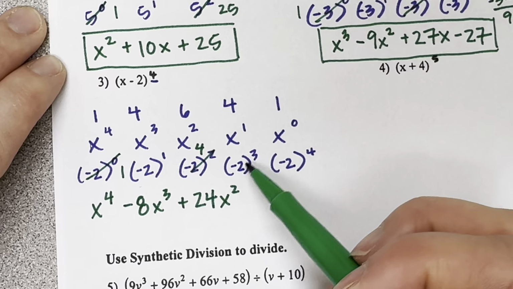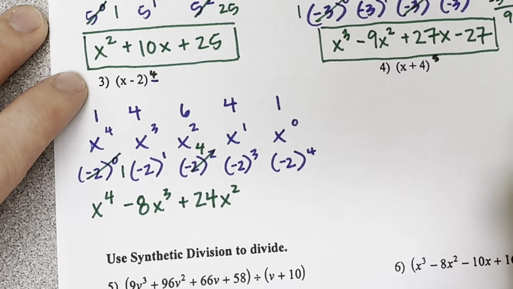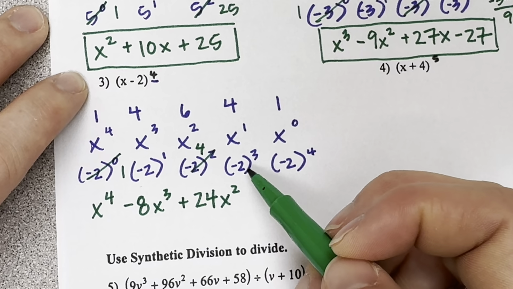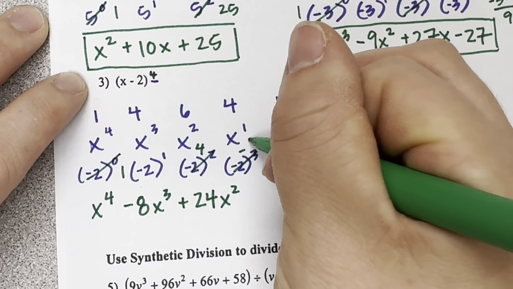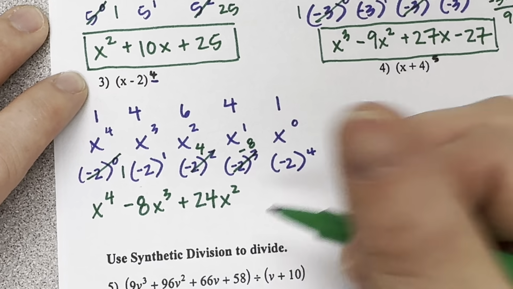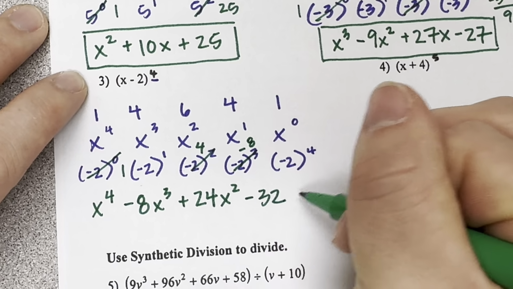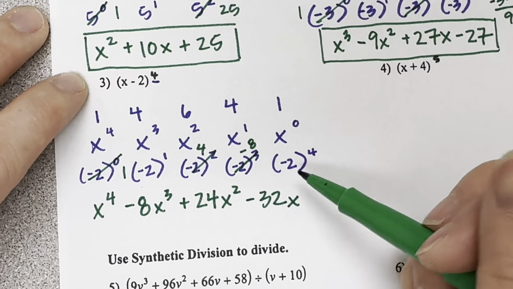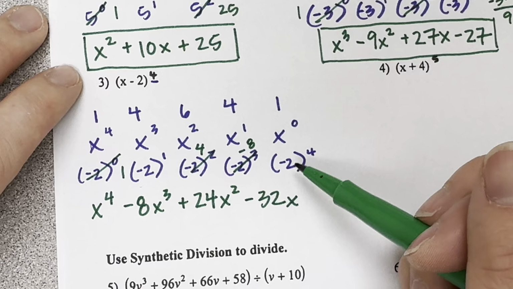Negative 2 cubed, remember this is like saying negative 2 times negative 2 times negative 2. That is going to give me negative 8. And then negative 8 times positive 4 is going to give me negative 32 with 1x. Negative 2 to the power of 4.